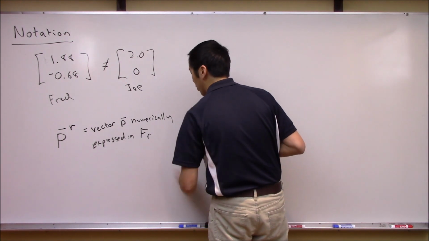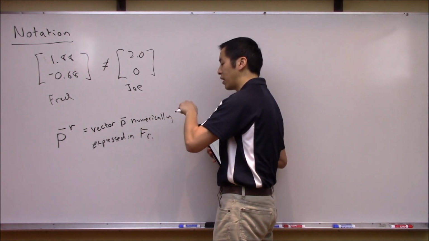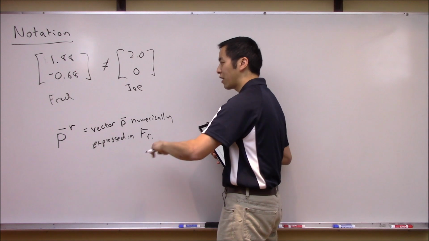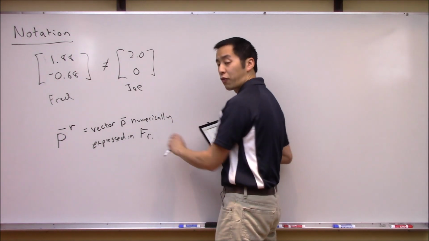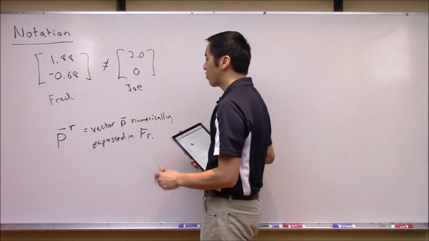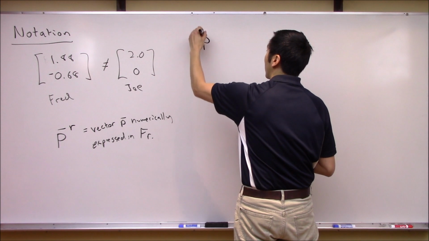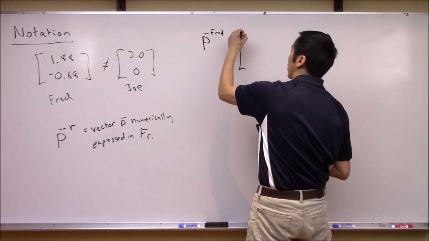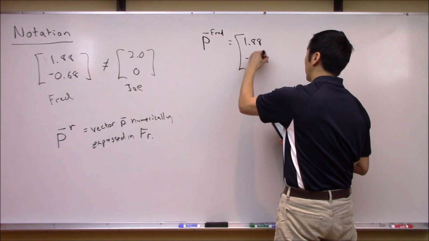So the first value in here is going to be how far you go along the X value in frame FR. The second value is going to be how far you go along the Y value of frame R here. So in this case, to make this a little bit less ambiguous, we really should have written here that this vector P from Fred's perspective here is 1.88 and minus 0.68.